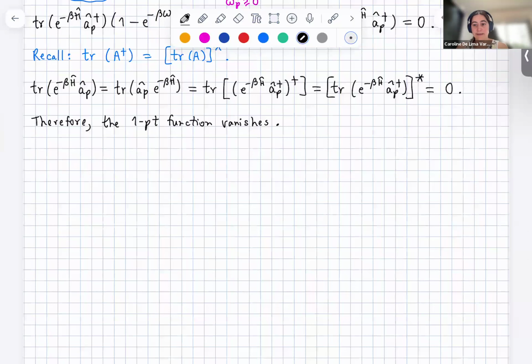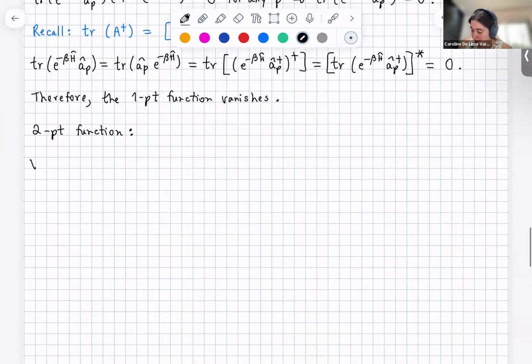Now let's compute the 2-point function, right? As I said before, we tend to abuse the language a little bit and say the thermal Wightman. I think at first Wightman was a word reserved for the vacuum one, but we are used to abusing this notation, this language.